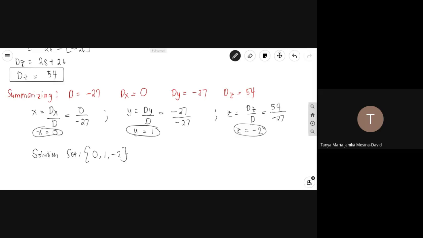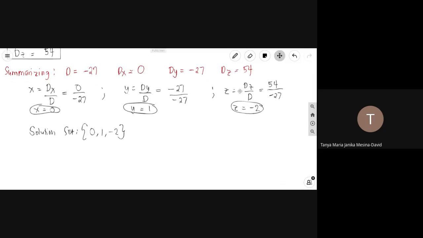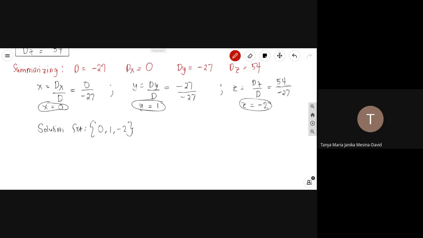Now, the last step says that we have to check. We have to check if our answer is correct, or if our answer makes the three equations true. So allow me to write again the equations that we have.